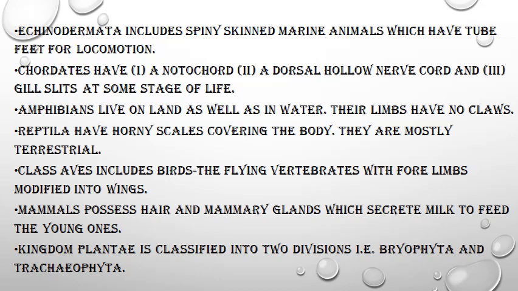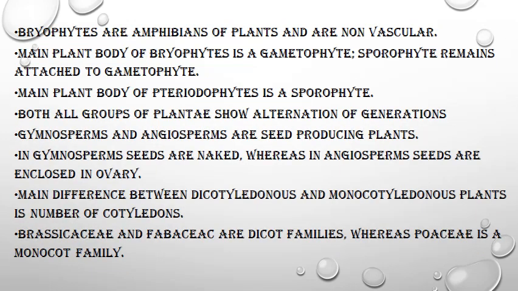Kingdom Plantae is classified into 2 divisions, bryophyte and tracheophyte. Bryophytes are amphibians of plant kingdom and are non-vascular. Main plant body of bryophyte is a gametophyte. Sporophyte remains attached to gametophyte. Main plant body of pteridophyte is a sporophyte. All groups of plants show alternation of generation.